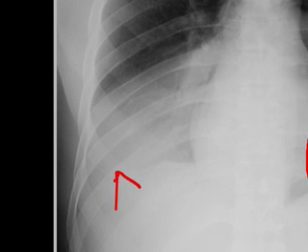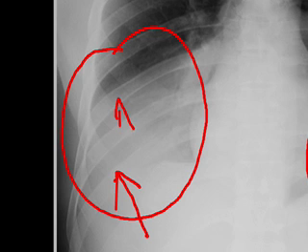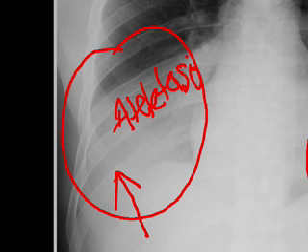The hemidiaphragm is invisible, rendered so by something in the right lower lobe, which is now the same density as the hemidiaphragm and the liver below it. In this case, there's atelectasis of the right lower lobe, which is rendering the right lower lobe airless and the same density as the right hemidiaphragm, making the interface between the right hemidiaphragm and the lung disappear.